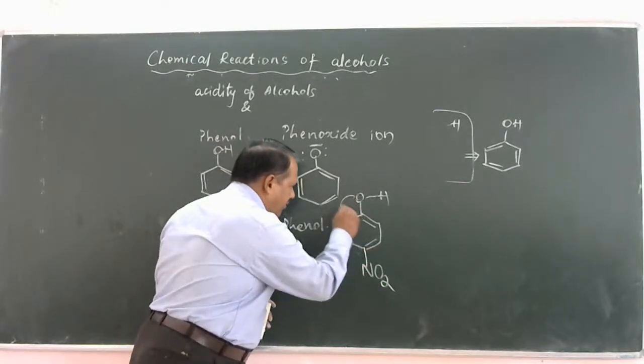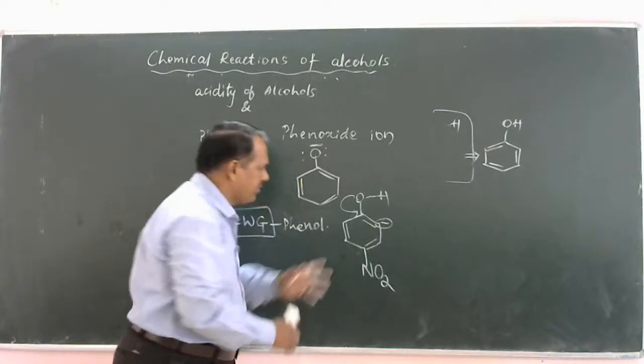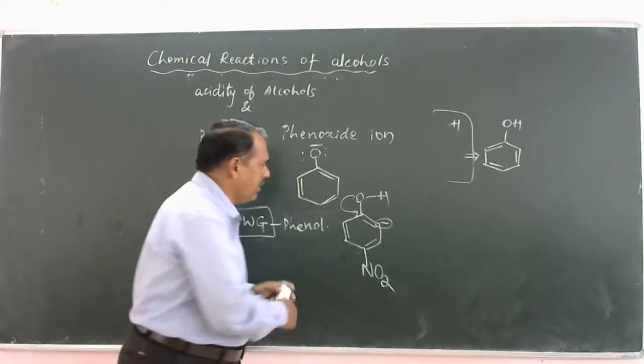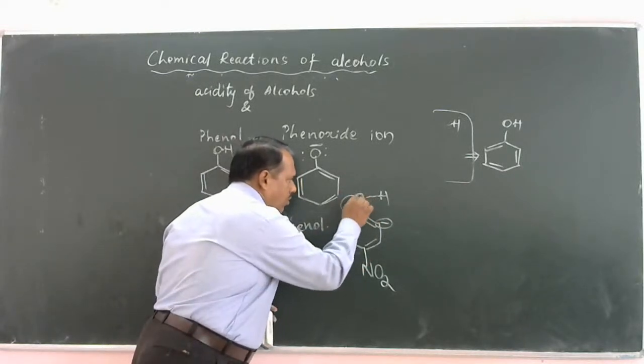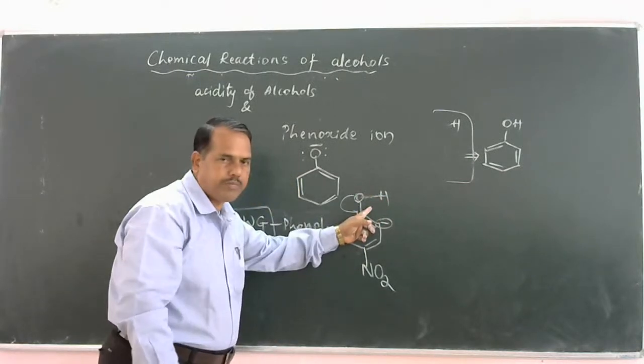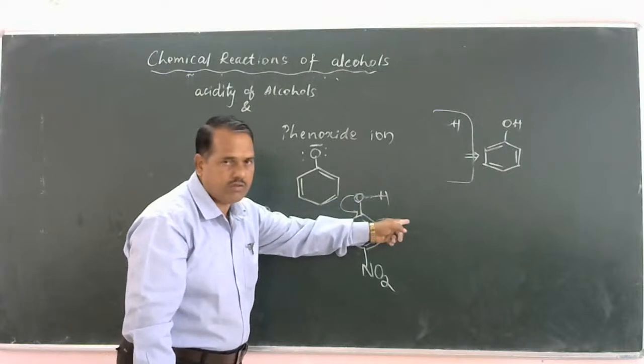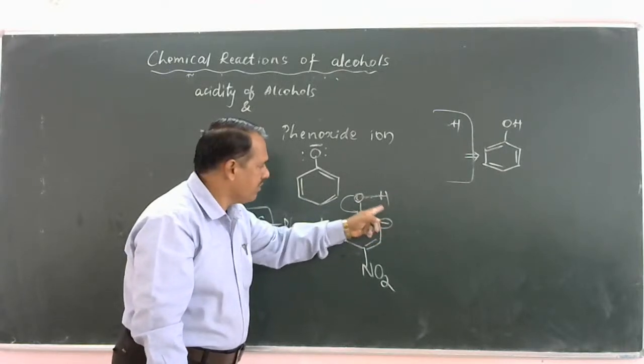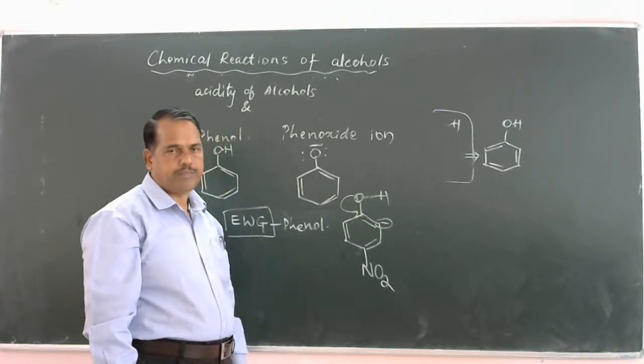Then automatically there is partial double bond character, and you know this resonance. Then the electron cloud on the hydrogen atom, this bond will be very weak, and it can easily ionize. So therefore it is a strong acid.